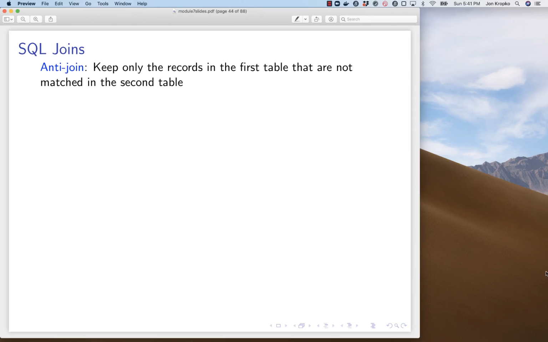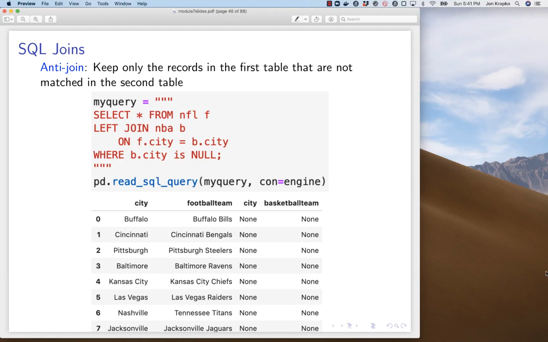Anti-join. Now, anti-join is not an SQL clause. It's something that you have to piece together from other SQL clauses. But the idea of an anti-join is to keep only the records in the first table that have no match in the second table.